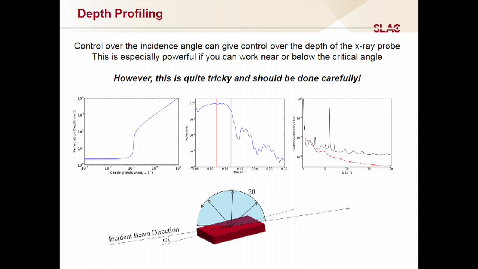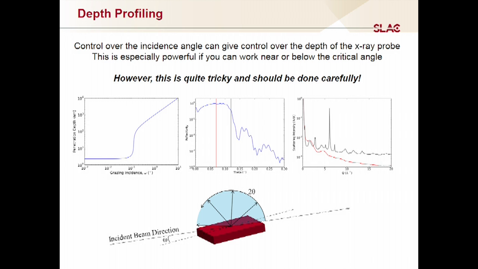And so you can really isolate below the critical angle the top, say, nanometer of material from your sample. And as soon as you go a little bit deeper, you see that now suddenly you're probing on the order of 100 or more nanometers of the film. And so you can really start to separate out surface from bulk effects in a thin film type of material. It's tricky.